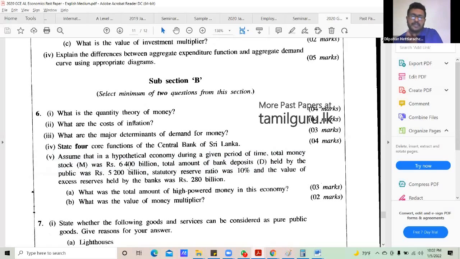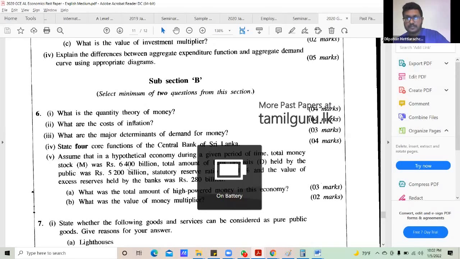Then you might have a problem. What is this? Is it M1, M2, M2B? No idea. Remember, if they don't mention what money supply they are talking about, you have a choice: you have to assume it is the M1 money supply.